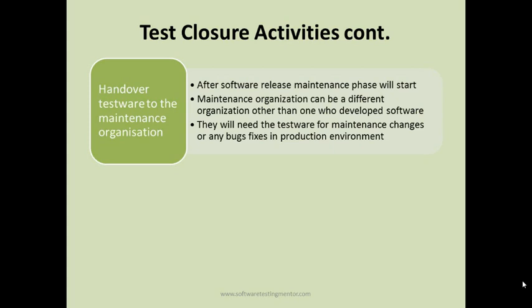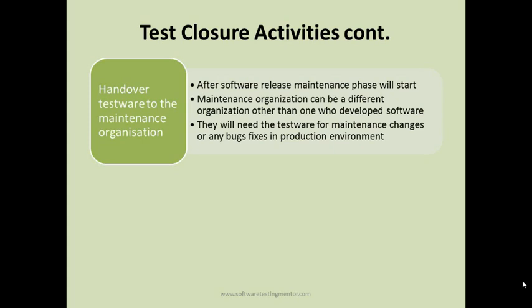So the maintenance organization can be a different organization other than who developed the software, and they will need the testware for maintenance changes. In maintenance testing, as we discussed, there will be new features coming, and there will be production defects coming. Once those defects are fixed, maintenance testers need to verify those defects.